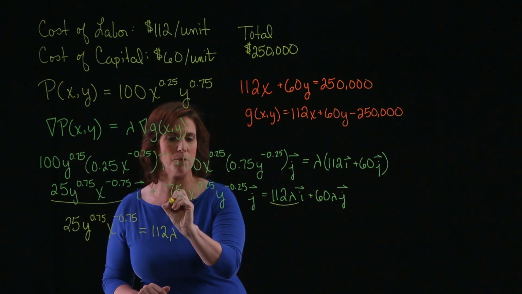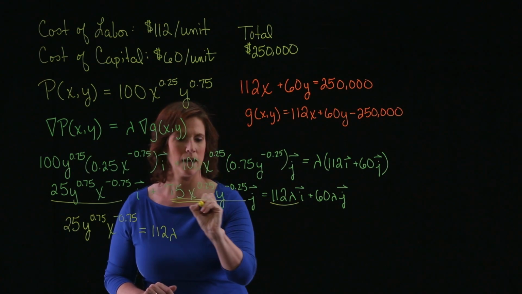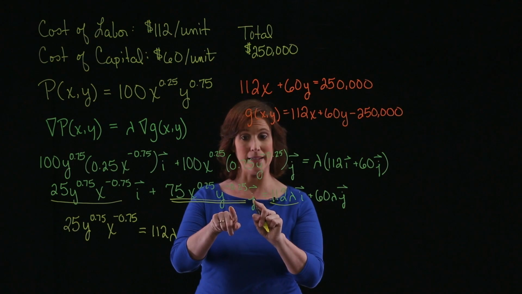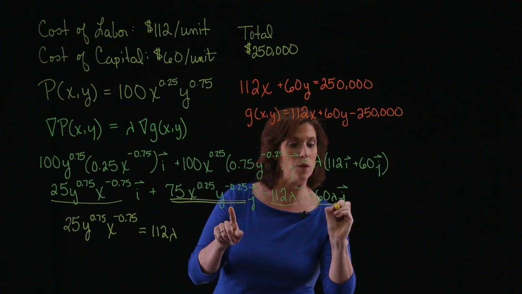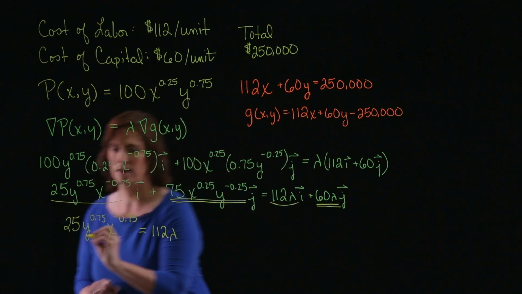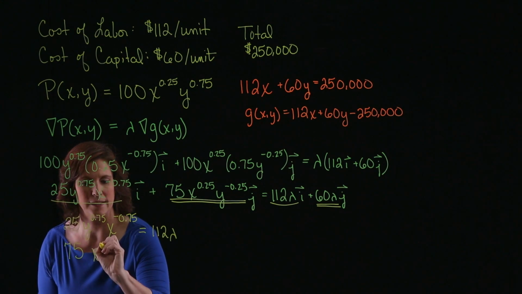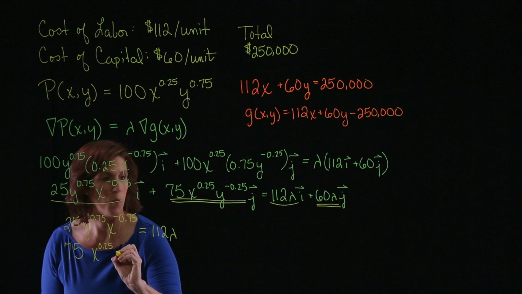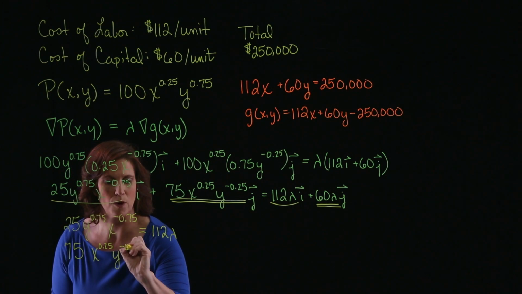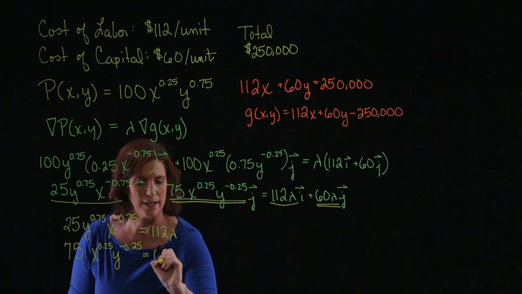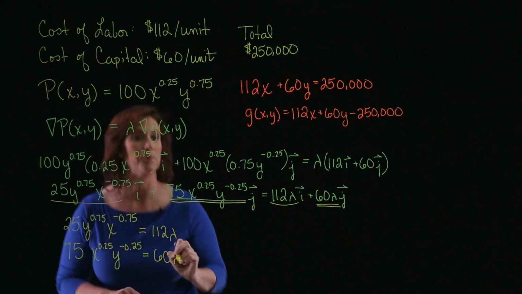When I equate the j components, I'm going to have 75 x to the 0.25, y to the minus 0.25 being equal to 60 lambda.